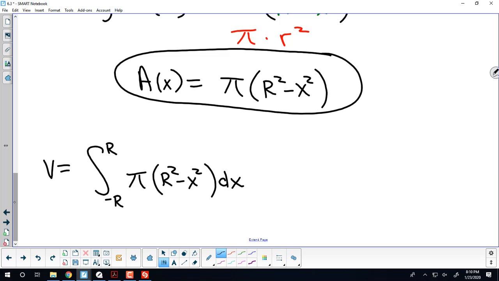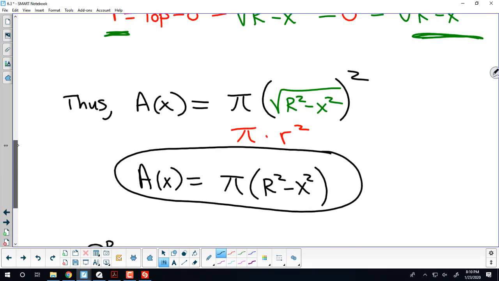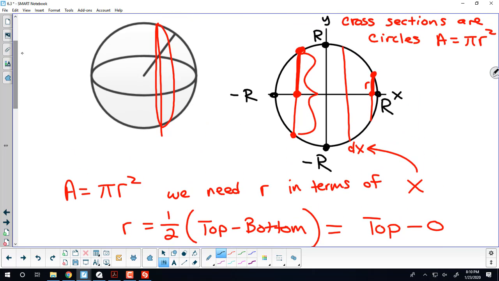It's going to be a lot more evident when we start doing trig substitutions, and it'll be a lot more pertinent when you're in Calc 3. So if you're not in the habit of writing those differentials there, you're going to need to get into that habit. Okay, negative capital R to positive capital R. Does that make sense?